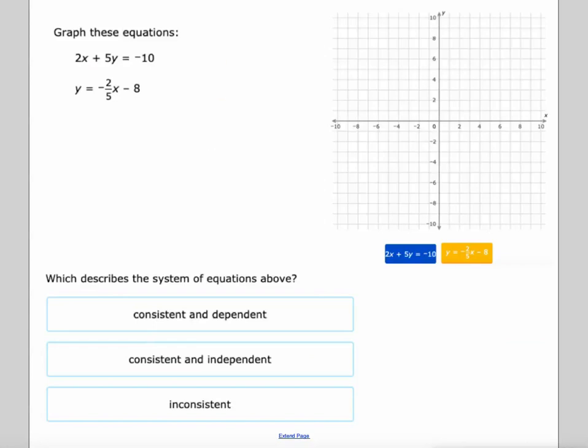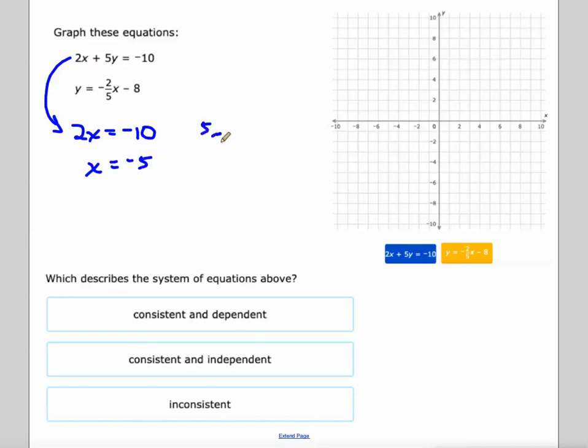All right, again, we've got this equation written in what we call standard form. So I'm going to figure out the x and y intercepts. It's not written in slope-intercept form. To figure out the x-intercept, I'll rewrite the equation without the y term, divide both sides by 2, and now I know that the x-intercept is -5.